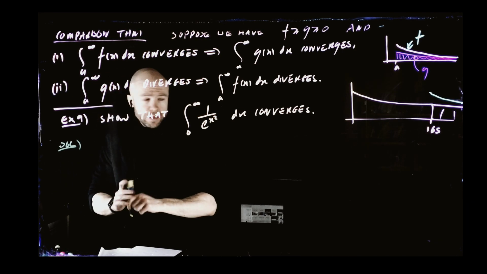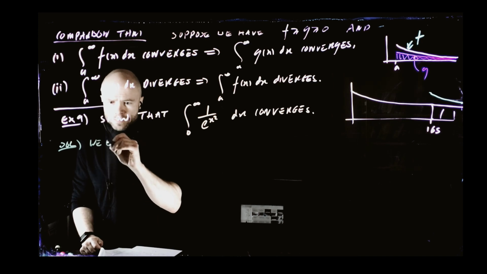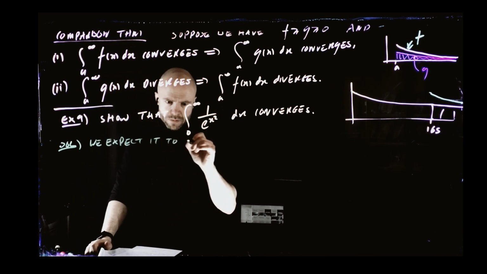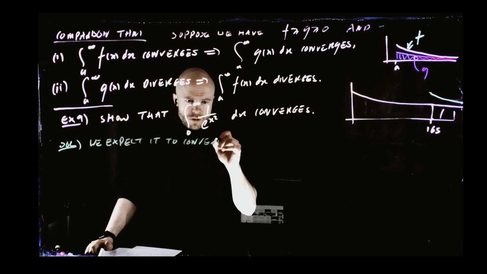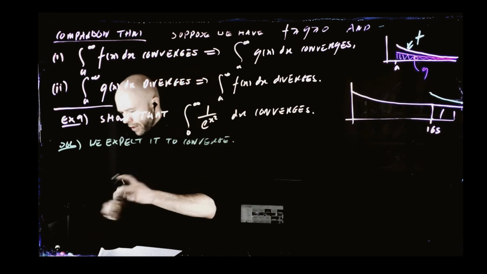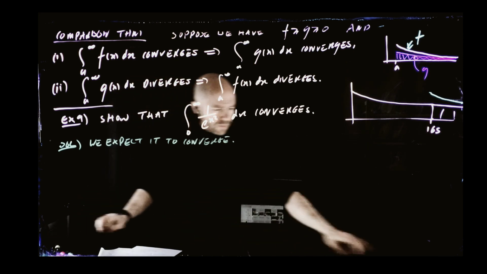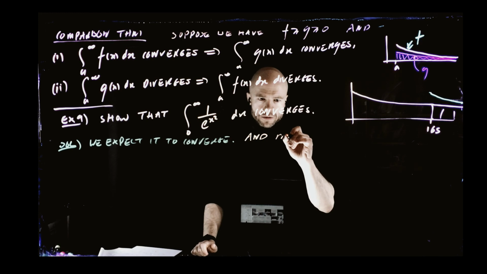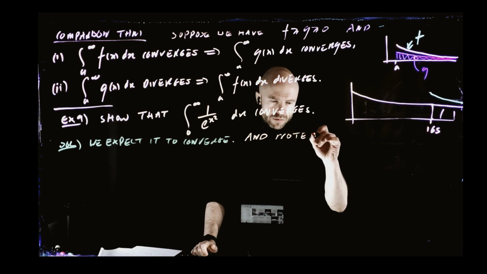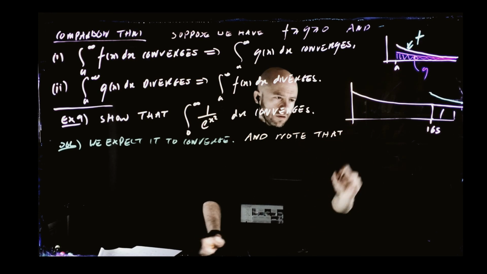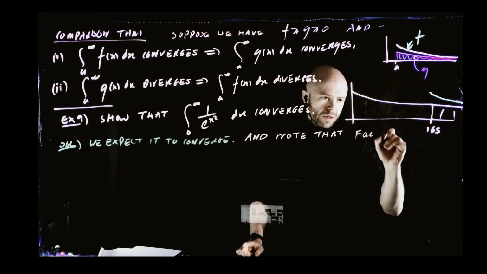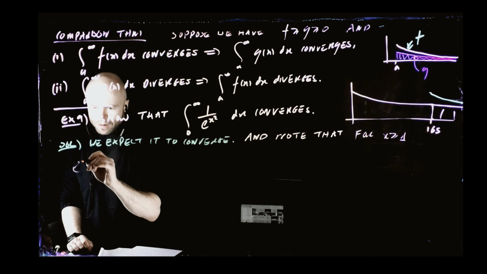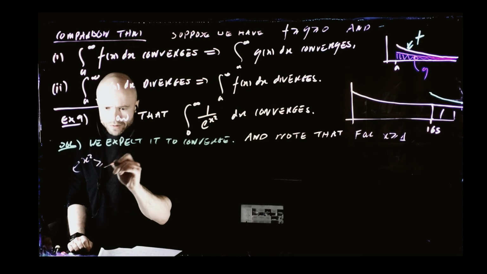We expect it to converge. And note that for x bigger than or equal to 1, e to the x squared is bigger than or equal to e to the x.